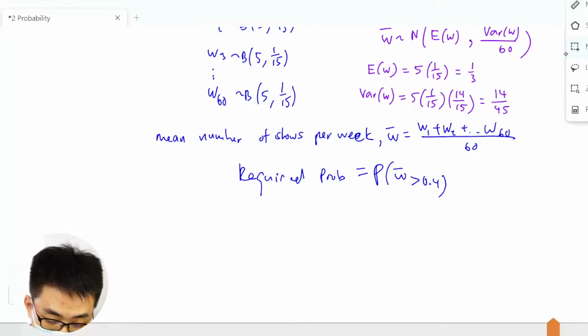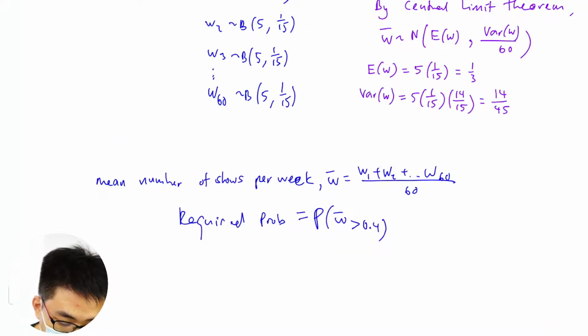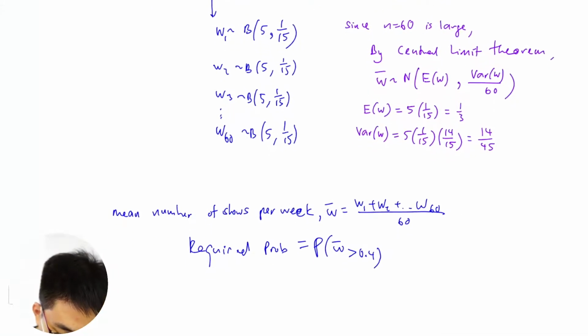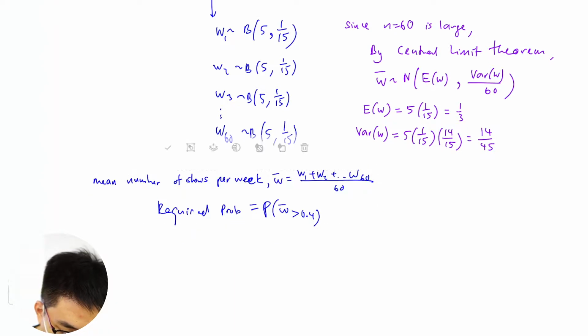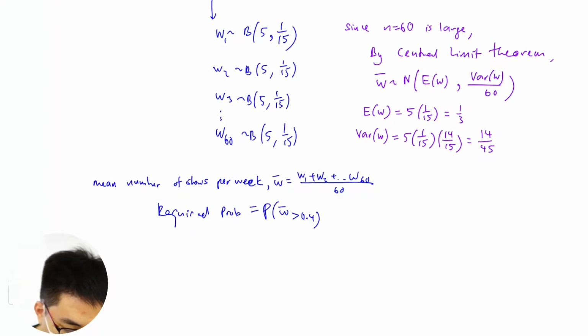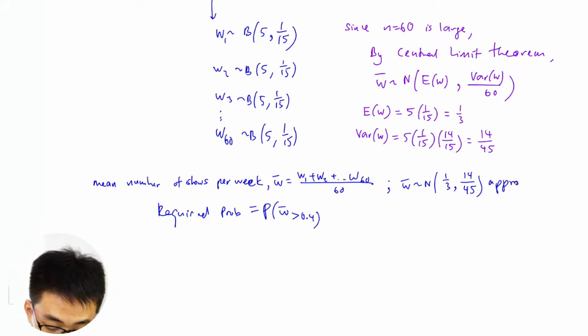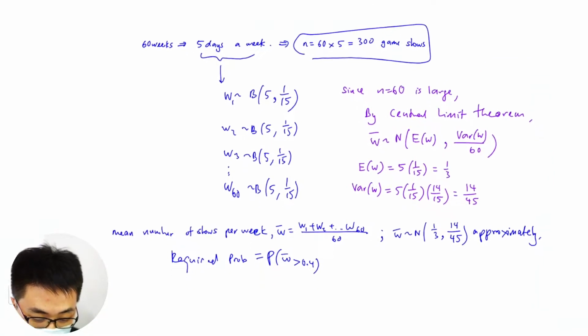So in other words, bar W is approximately normally distributed with mean 1/3 and variance 14 over 45, divided by 60, by CLT.